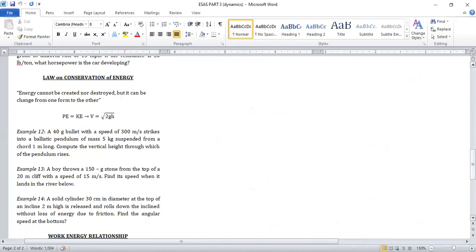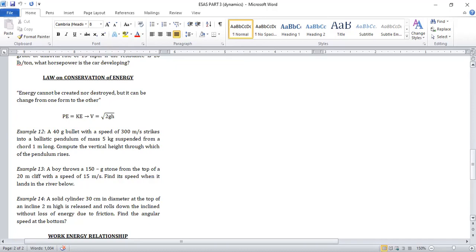So law of conservation of energy states that the potential energy possessed by a given object when it is moved, or it is made to move, does not diminish right away, but it is transferred or changed into another form, which is the moving energy, the kinetic energy.